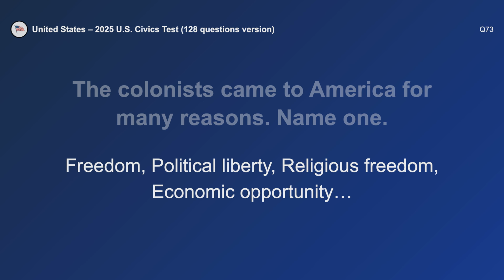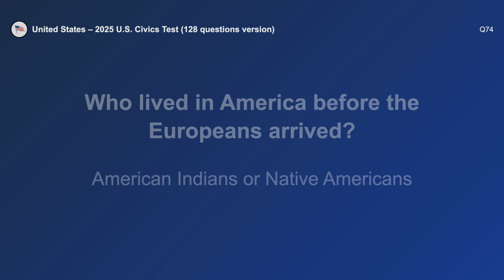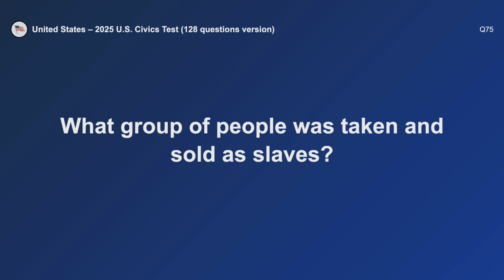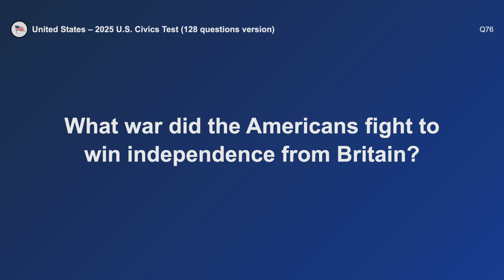Freedom. Who lived in America before the Europeans arrived? Native Americans. What group of people was taken and sold as slaves? Africans. What war did the Americans fight to win independence from Britain?